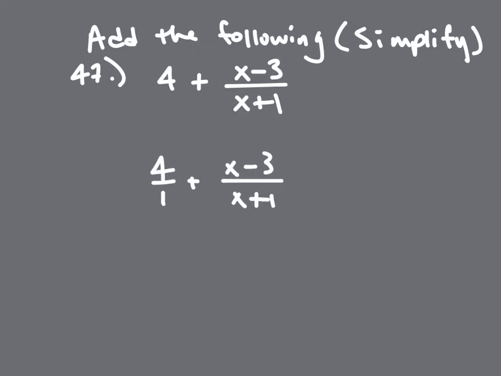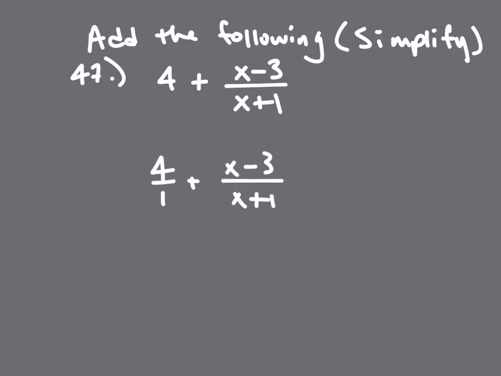So what I'm going to do is write 4 over 1 plus x minus 3 over x plus 1. Now I have a denominator of 1 here, and a denominator of x plus 1. What is my common denominator going to be? In this case, it's going to be x plus 1, because I just have a 1 here.